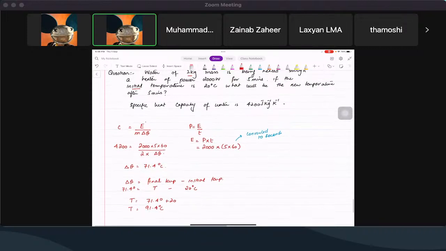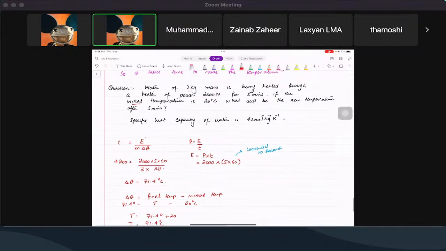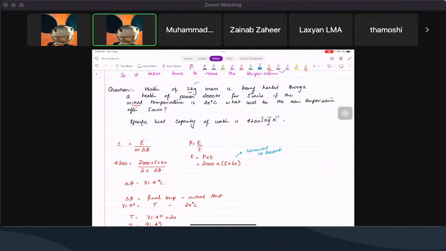Now in your exam, this question is worth 4 marks. Why did we change 5 minutes to seconds? Because when you see that kg is an SI unit, watt is also an SI unit, and C is also an SI unit, so when every other unit is SI, you have to change the minutes into seconds, which is the SI unit.